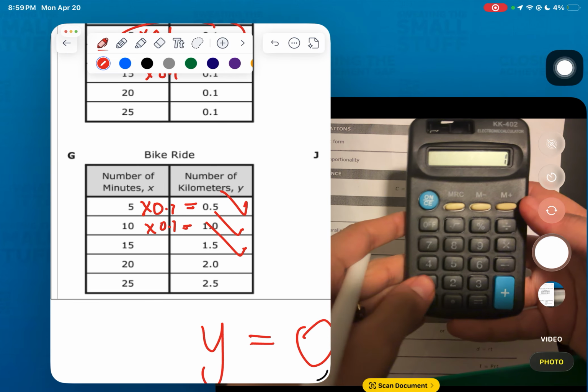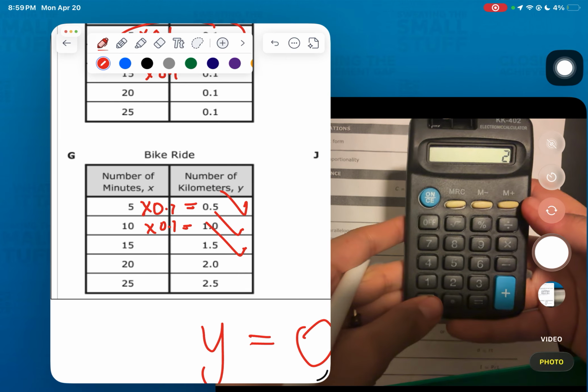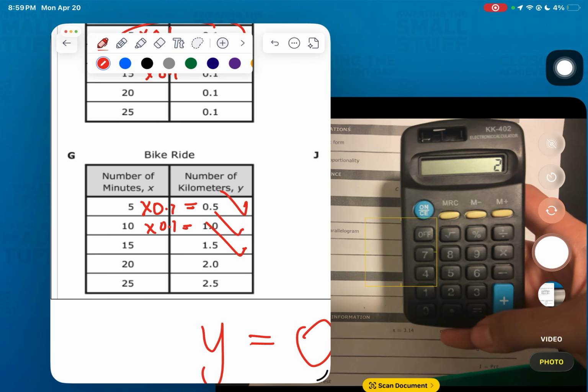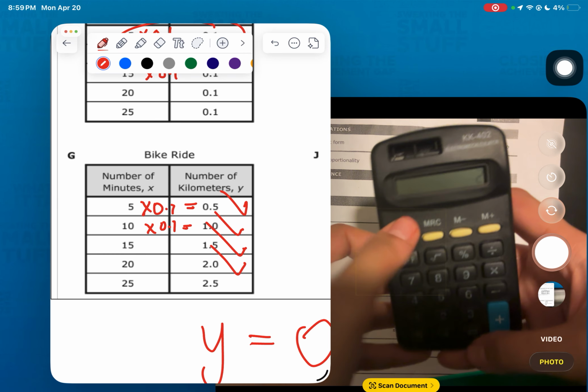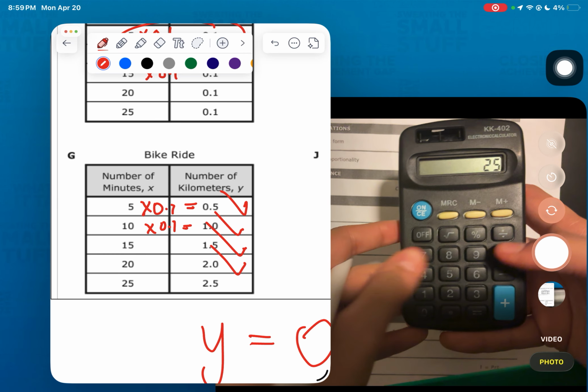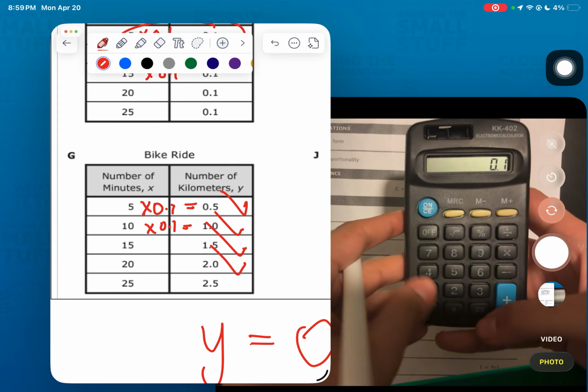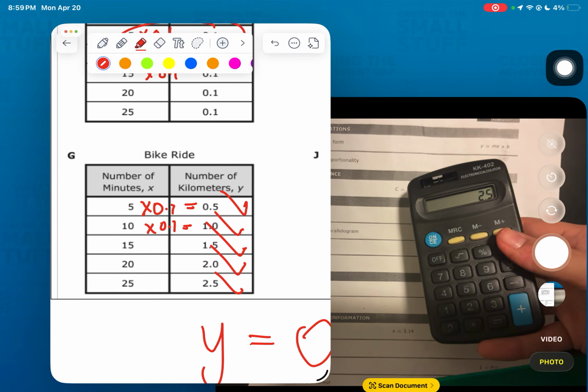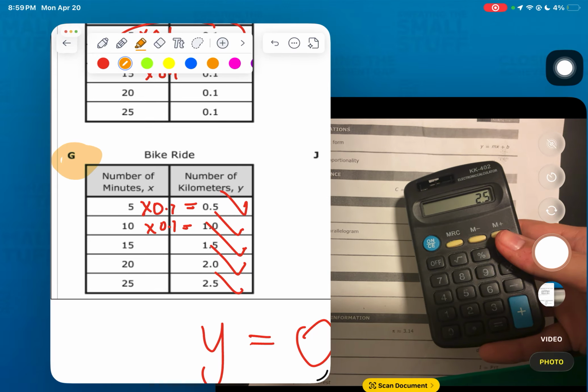Got it. ¿Qué sigue? 20 times 0.1, 2. That's right. And then the last one. 25 times 0.1, 2.5. So then that means G is my answer.